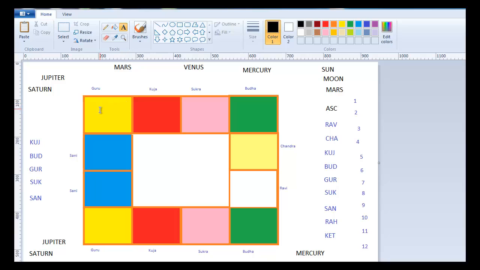Each box here has a name. Each one is a zodiac sign. This one is called Aries, this Taurus.